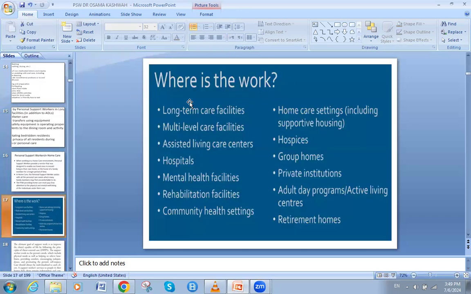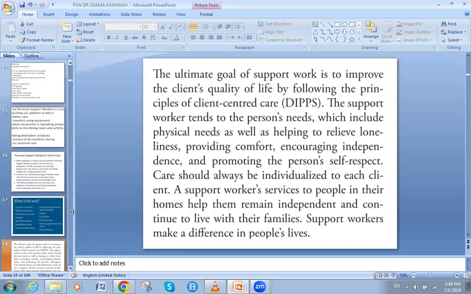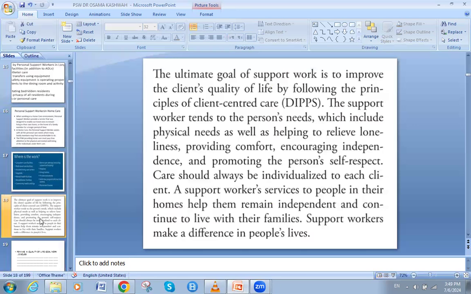We talked again about where the personal support worker works, in hospitals or home care and so on. He has to help people in need, give assistance in the field of health, and do personal care for them, even what their loved ones don't do.